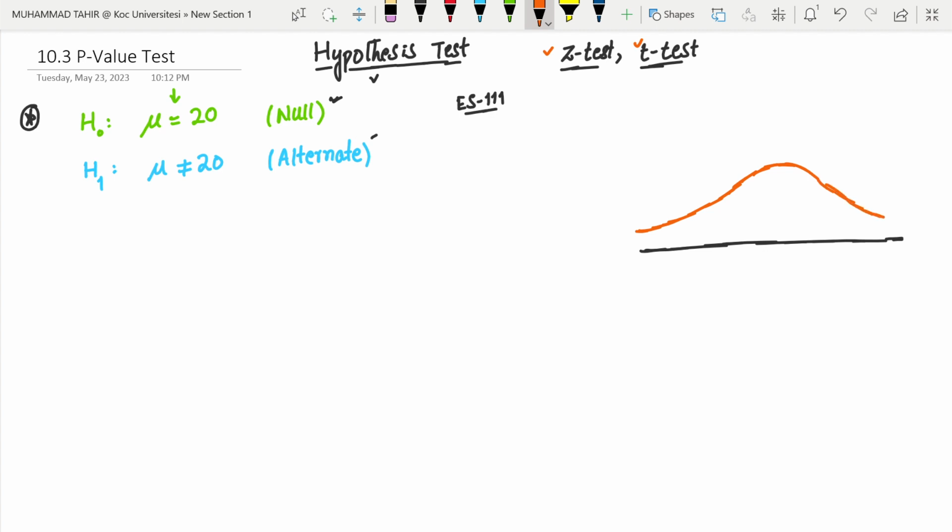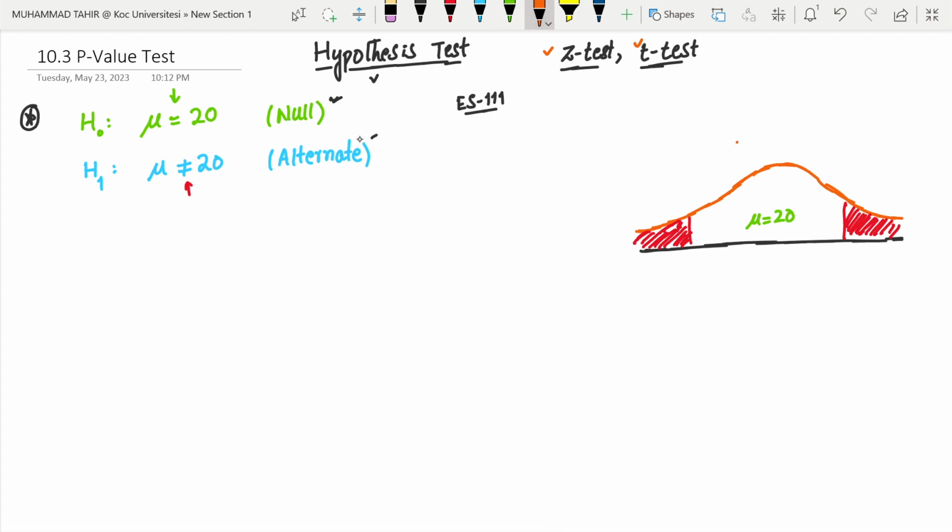So what they were was the following. Because this statement says not equal, it's a two-tail test. We will have both left and right tails, and these two tails represent the following. If you remember the errors when we were calculating, this orange region corresponds to the region where the null hypothesis is true.